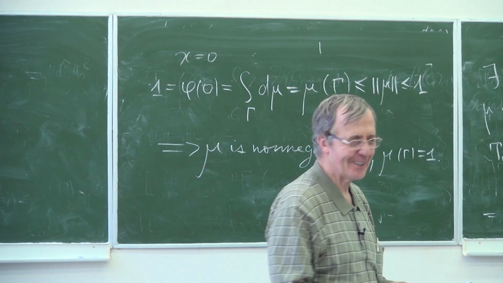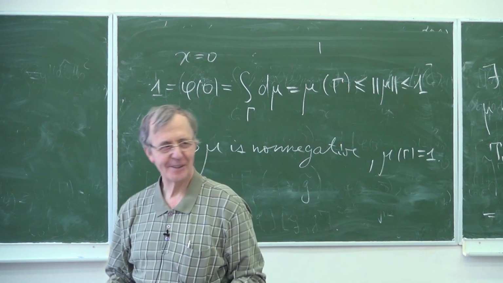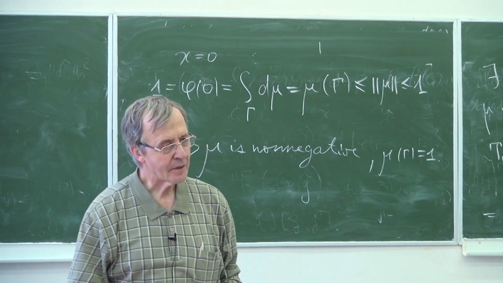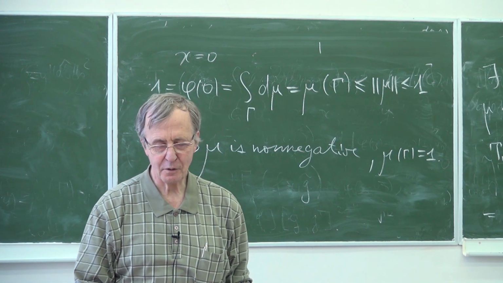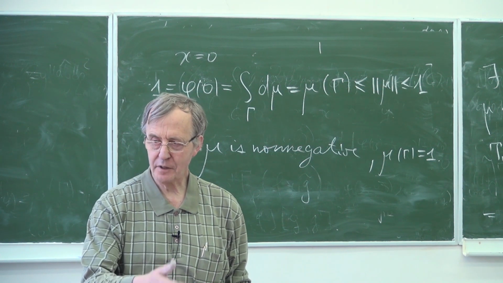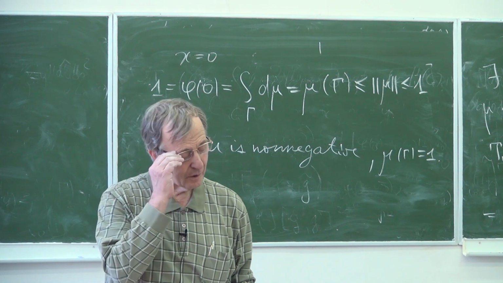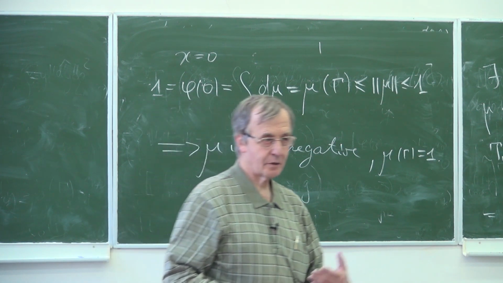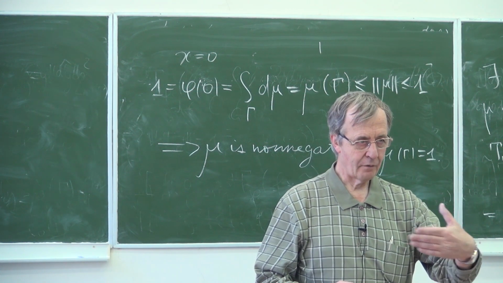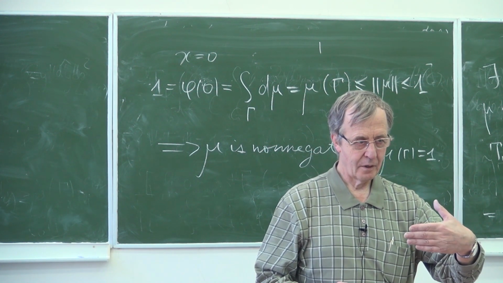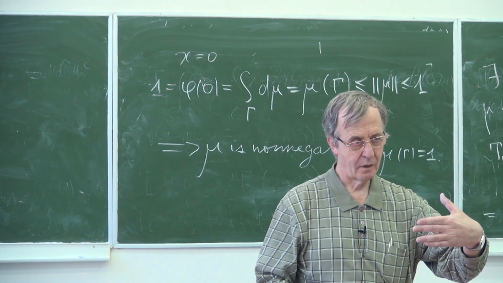Which is also transfinite? It is transfinite, yes, because you use the theory of maximal ideals of commutative Banach algebras, and you should know that every ideal is contained in some maximal ideal. For this you need Zorn's lemma.